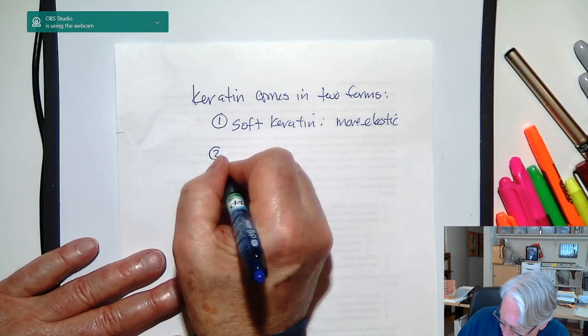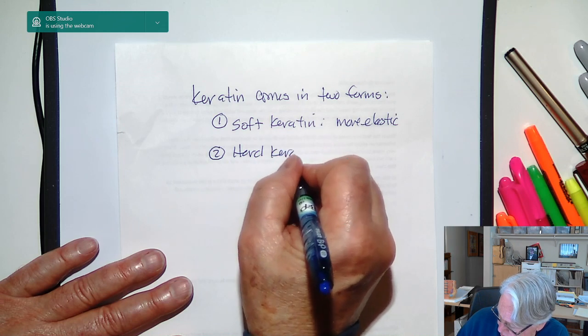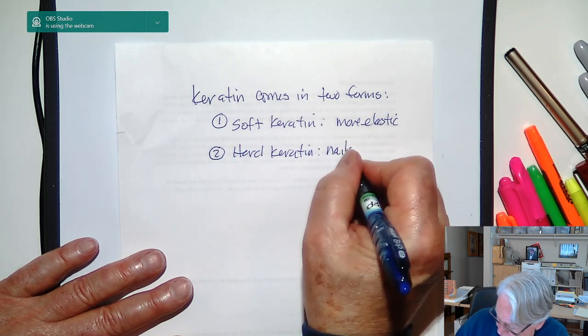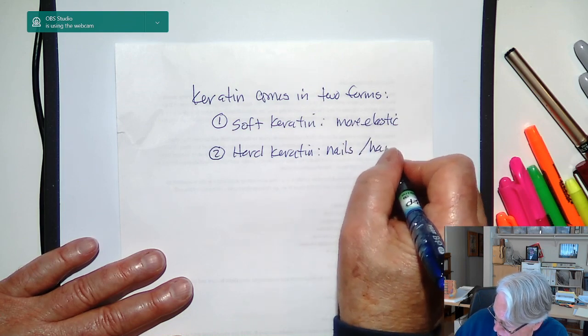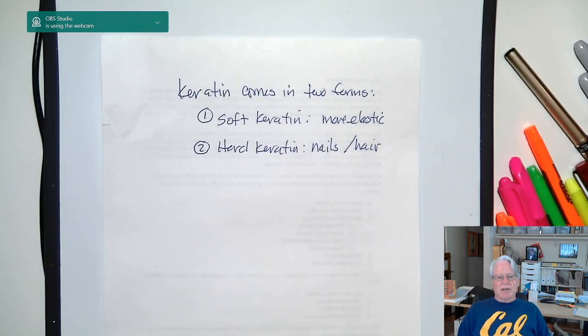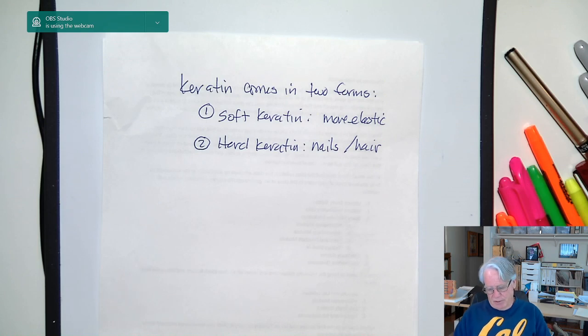The second type is what we would call hard keratin. And this is found making up our nails and our hair. So keratin is not just a single type of protein. We have variations. Soft, more like what we find in the skin, and very hard stuff, which our fingernails are made out of. The horn of a rhinoceros is hard keratin. Very tough material. Okay.